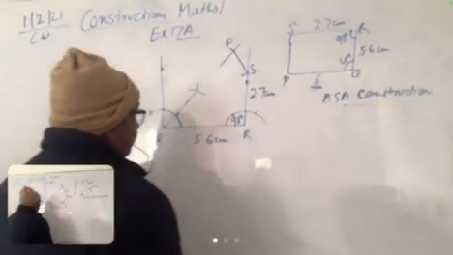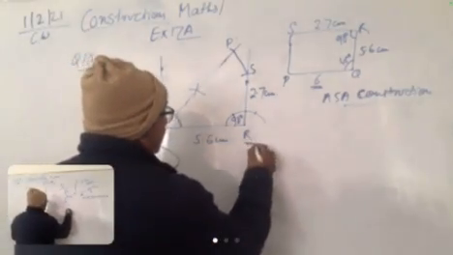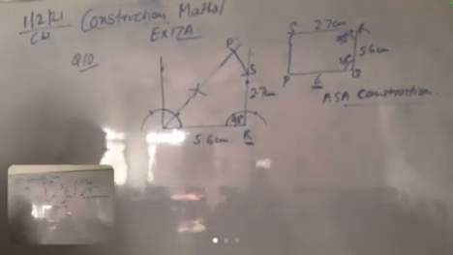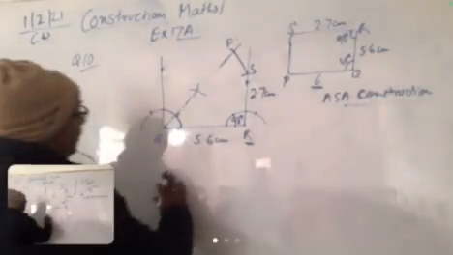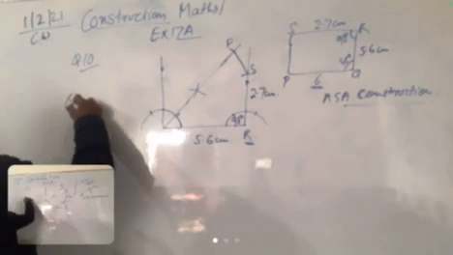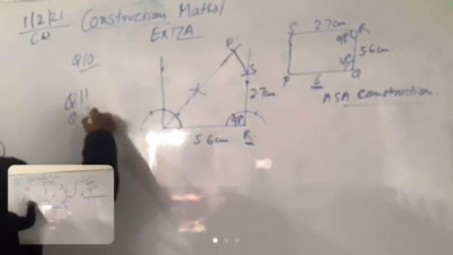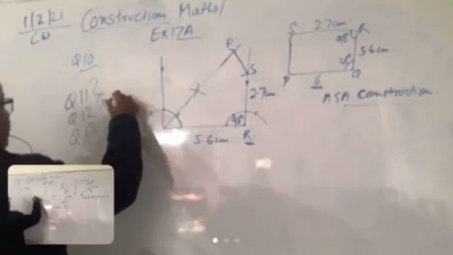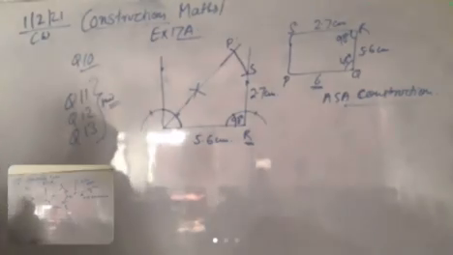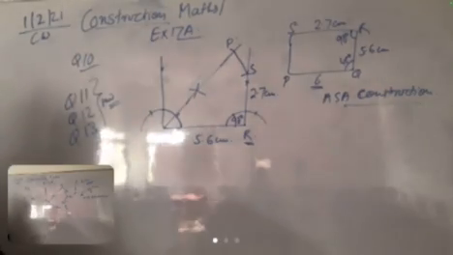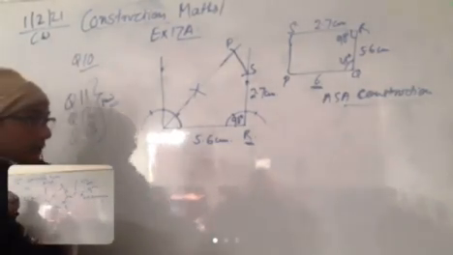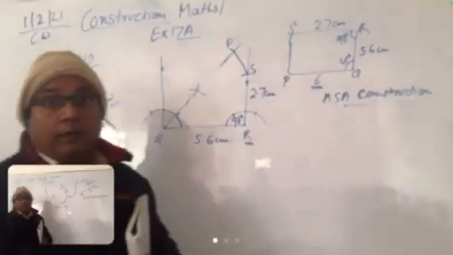Only 4. Okay. Now the construction is complete. Clear? Now the next 11, 12 and 13, you can do your own in homework. Or if you find any difficulty, you will ask me. Within a class, I will solve it.